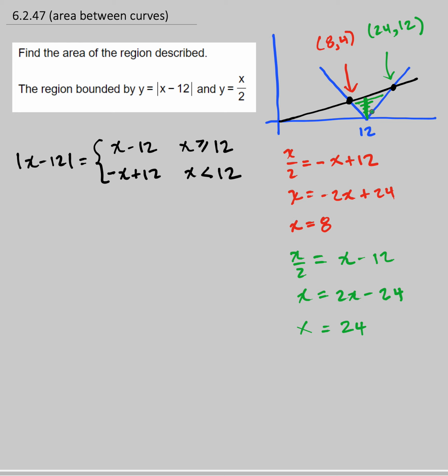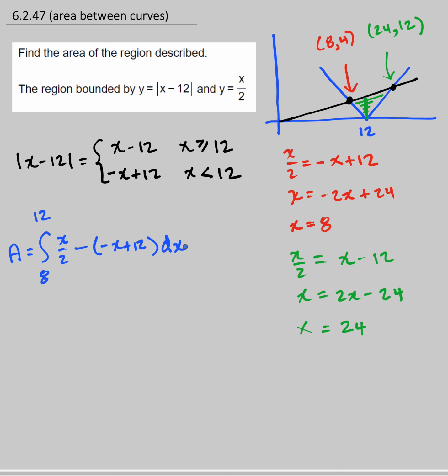And so we are going to have the following setup. We are going to have that the area is equal to the integral from 8 to 12 of the upper function minus the lower function. And we are to the left of 12, so to the left of 12, that lower function is negative x plus 12.